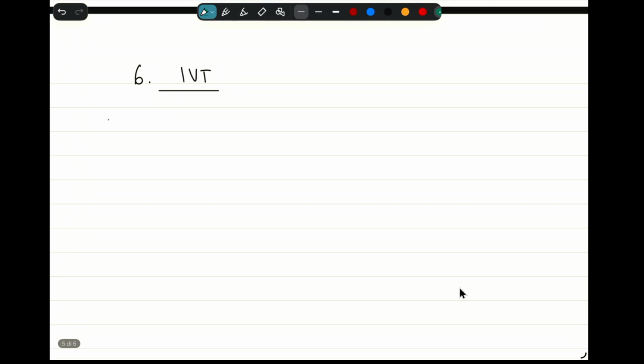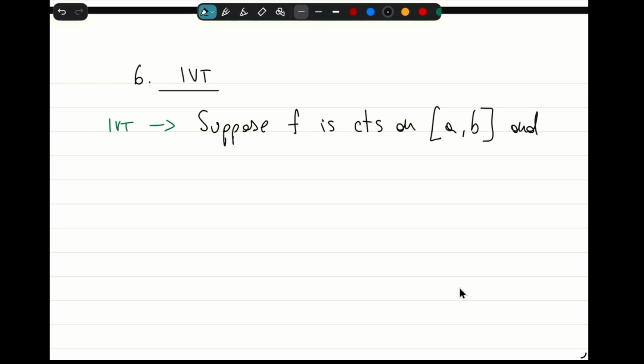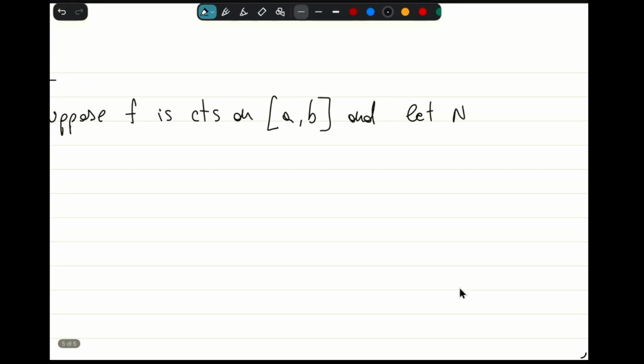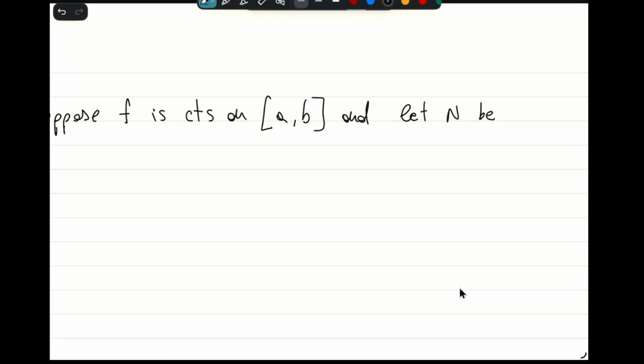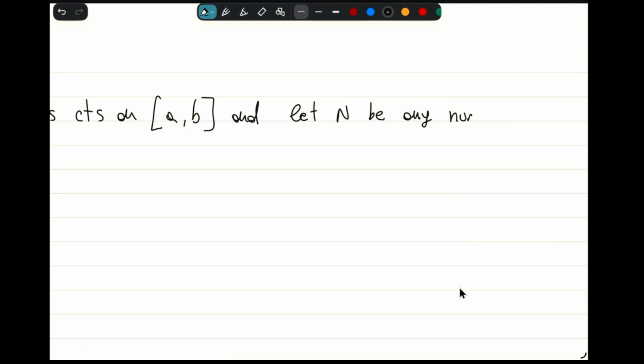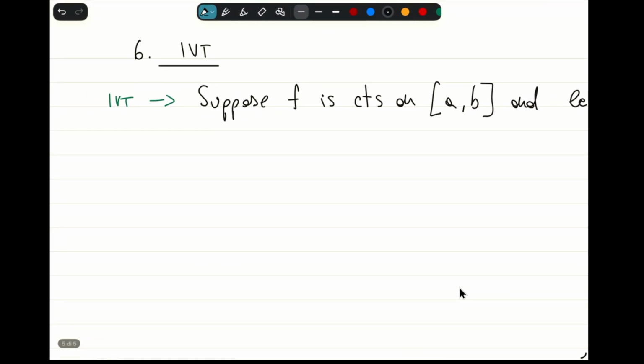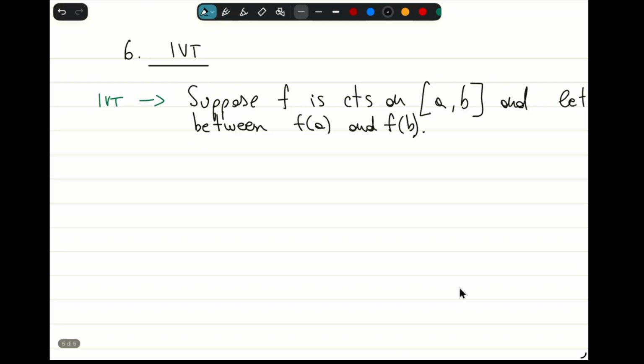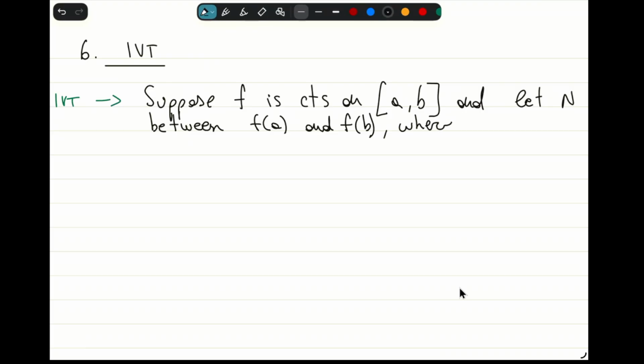So let's start by defining the IVT. Suppose f is continuous on [a, b], and let N be any number between f of a and f of b, where f of a is different than f of b.